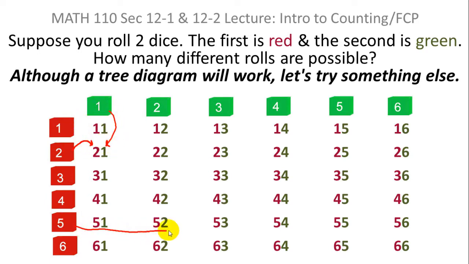So if you've got a 5 here and a 3 here, you can see you can generate every possibility of pairing a red outcome with a green outcome.